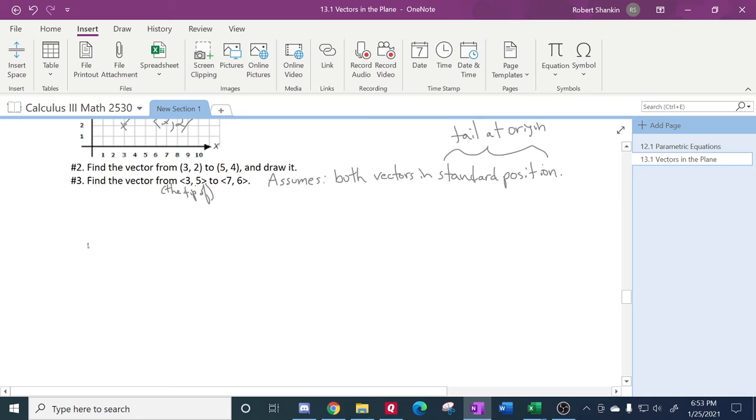All right. Suppose you drive from mile marker 3 to mile marker 8. And here's home.